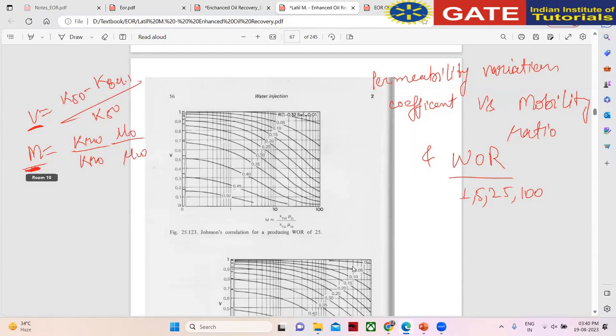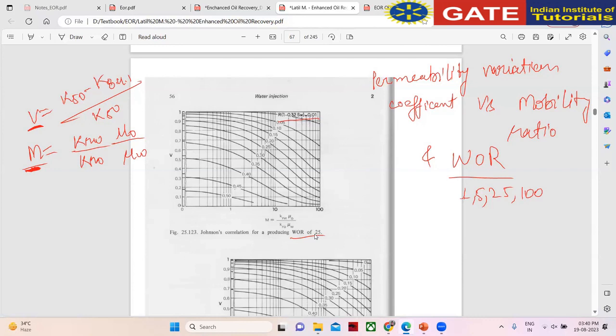According to the question, if they are asking regarding 0.25 WOR, our equation will be R is equal to 1 minus 0.32 SW.